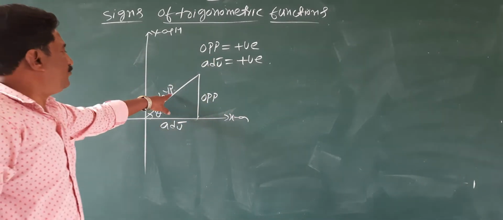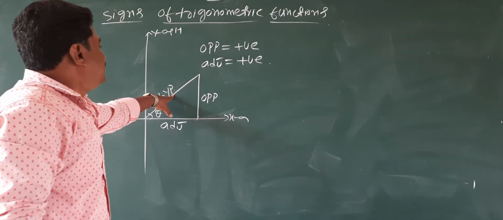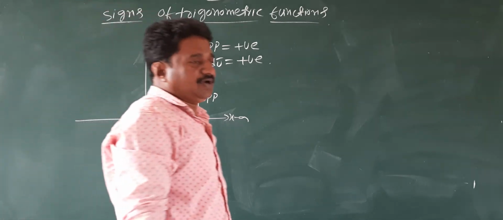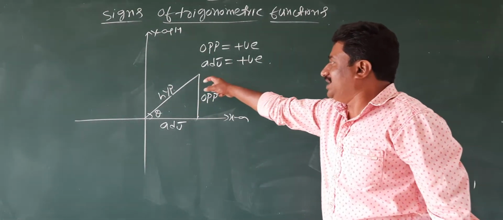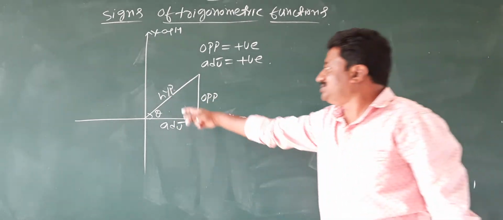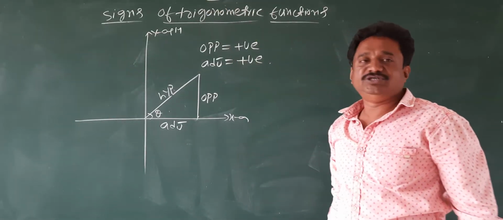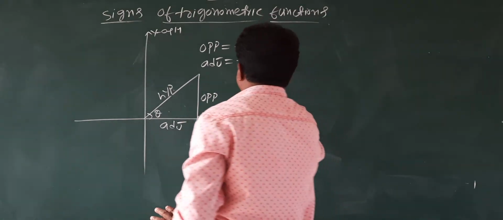There is no sign for the hypotenuse, because it is neither along the positive x-axis nor along the positive y-axis. We always take the hypotenuse as positive. Hypotenuse is always positive.